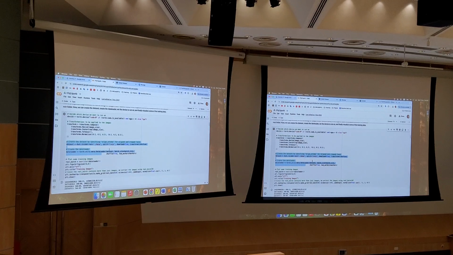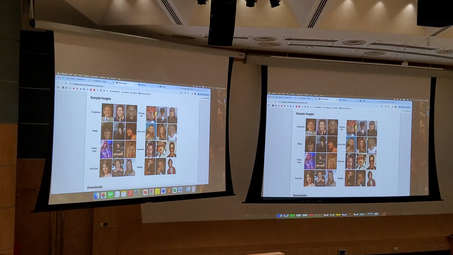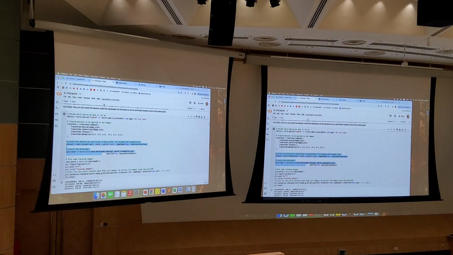Or if you want to get the images instantly, then you should just download the data from the internet, and then you prepare the folder of images by yourself. All right, so that's the tutorial.